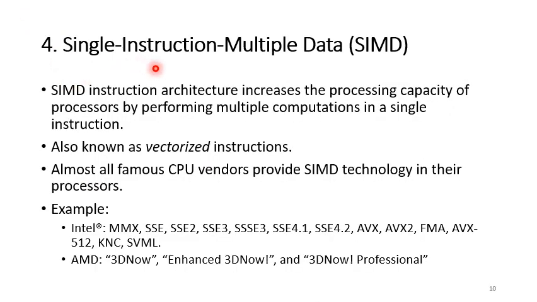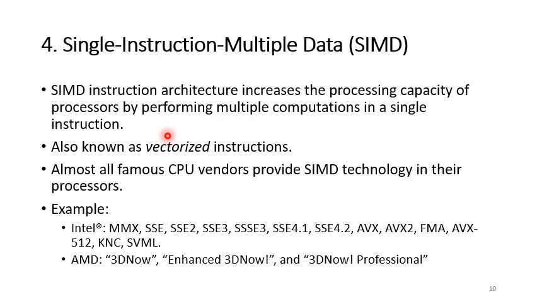What we now propose is, instead of single instruction, single data, to use single instruction, multiple data to increase the efficiency of FSCS-ART. SIMD instruction architecture increases the processing capacity of processors by performing multiple computations in a single instruction.